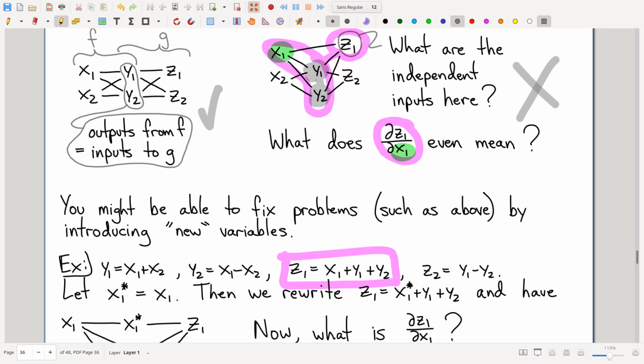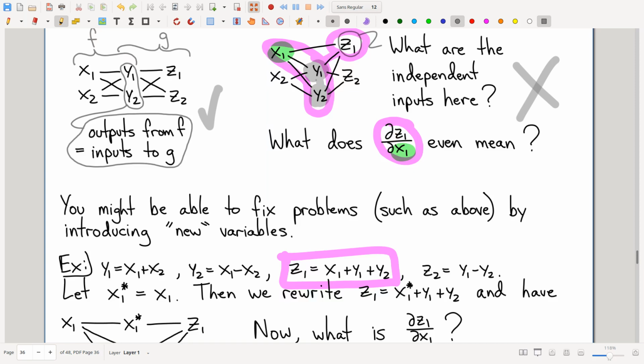Right? If I change x1, I will be changing y1. So I don't even know what this means as written. Everybody see why this is nasty? What went wrong here?